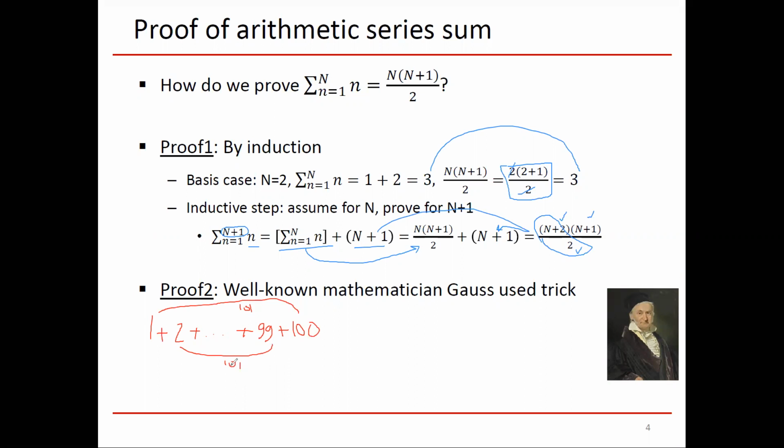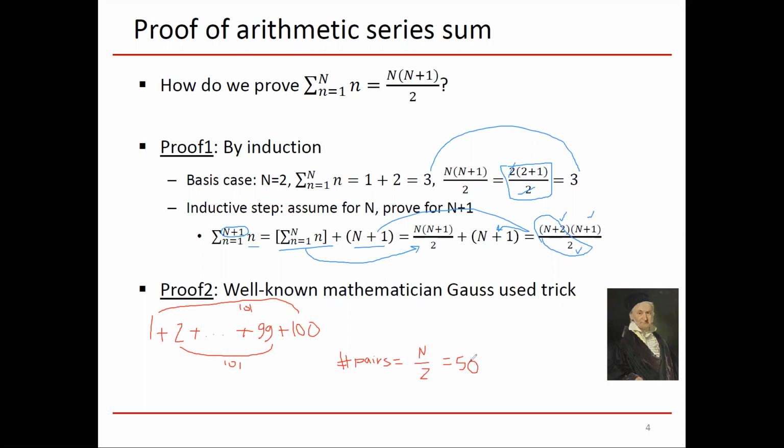So every pair is equal to 101. How many pairs are there? The number of pairs is equal to the total number of numbers divided by 2, n over 2. There are 100 numbers, n is 100, so there are 50 pairs. Each pair sums to 101. 50 times 101 is 5,050.